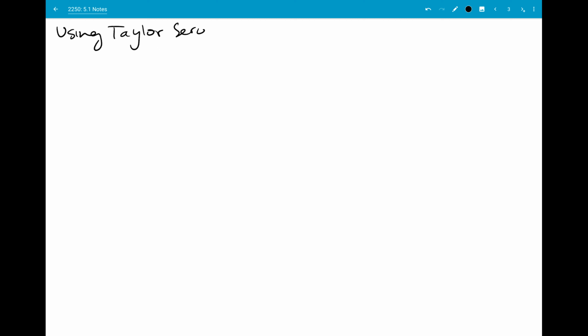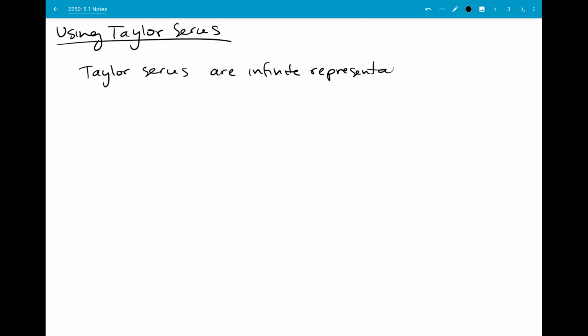And the specific way you might have talked about this was in terms of using Taylor series. So Taylor series still exist. They are infinite representations of certain functions.